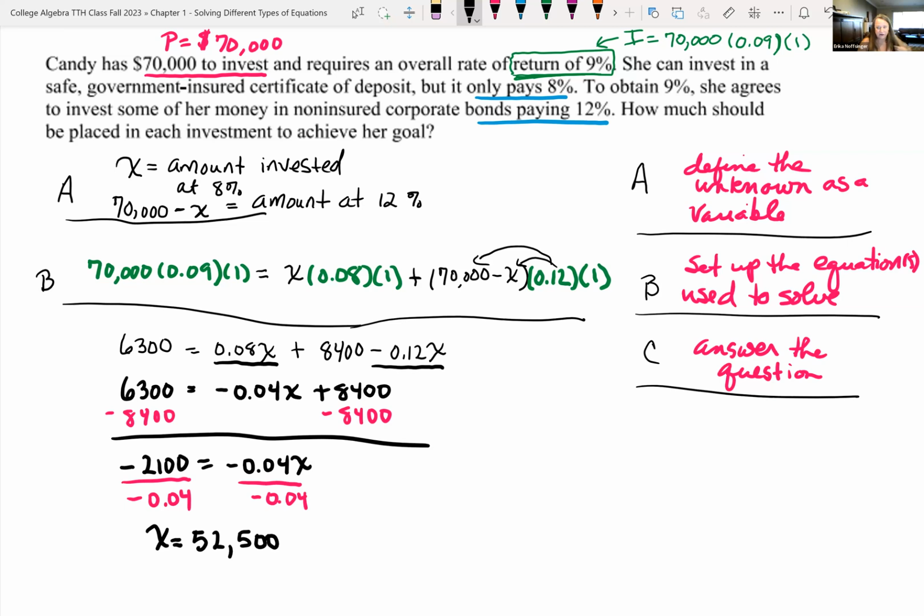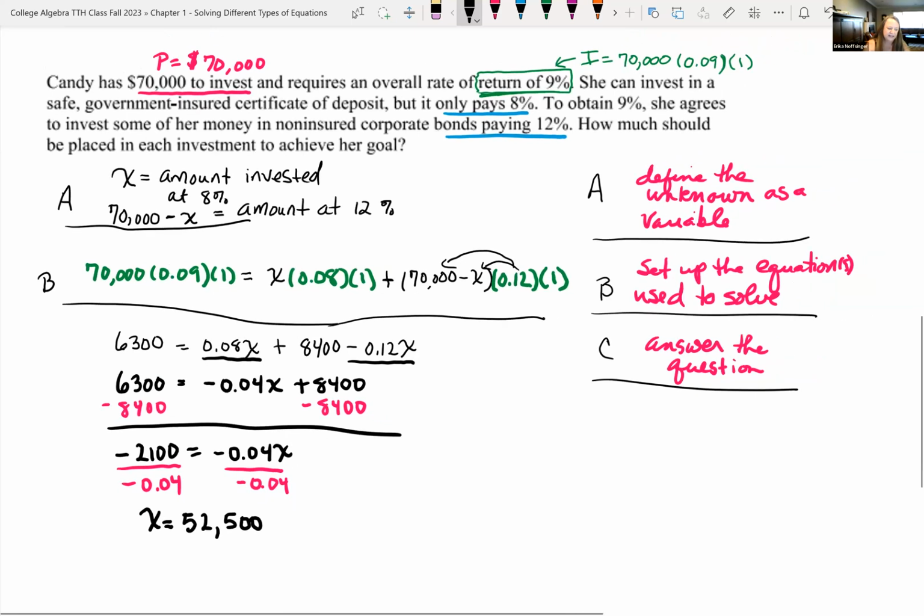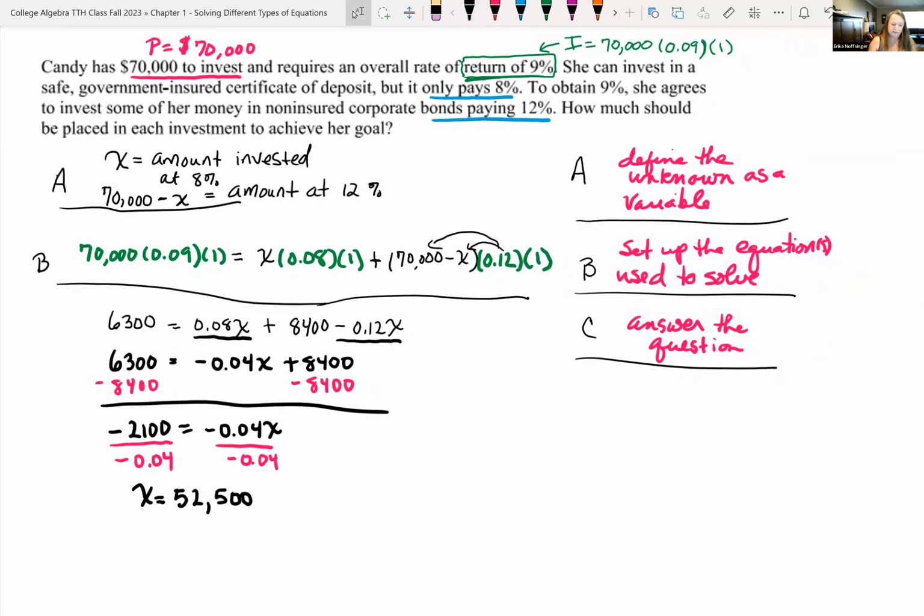Does that answer make sense? If we need to invest $52,500 and we were investing less than that, then that should send some red flags up. But she's investing $70,000 total. So 52,500 sounds legitimate to me. And so answering our question, X was the amount that she invested at 8%.